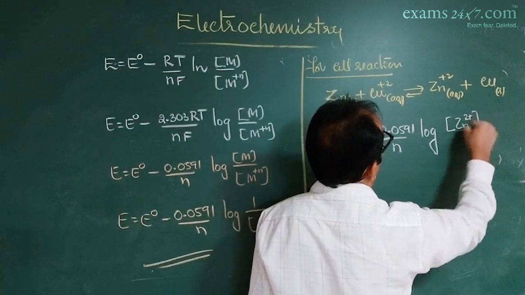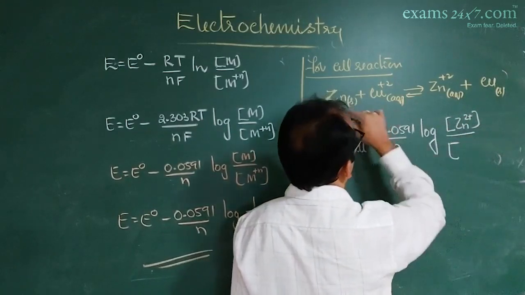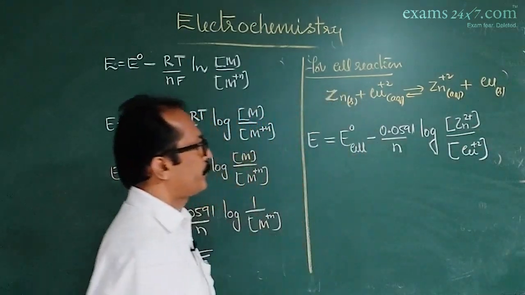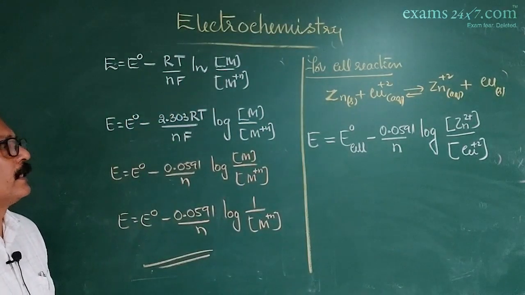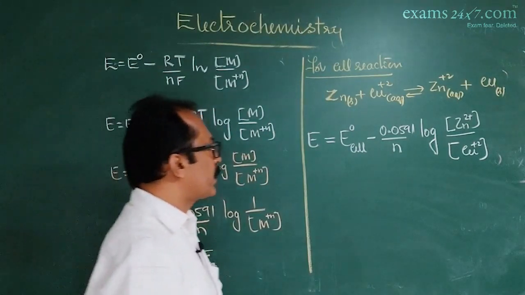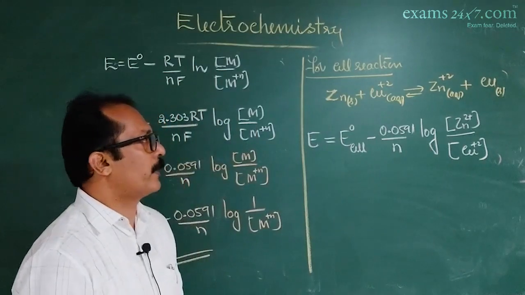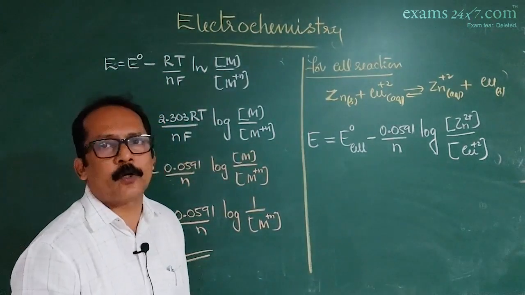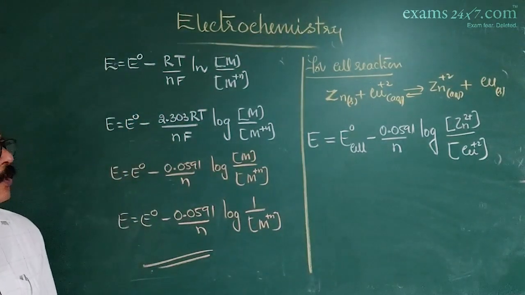That is zinc, Zn2+, divided by the concentration of the metal ion present on the left hand side. So E equals E naught of the cell minus 0.0591 by n log of concentration of zinc ion divided by concentration of Cu2+ ion. When the concentrations are the same, log 1 is 0, so E is equal to E naught of the cell.